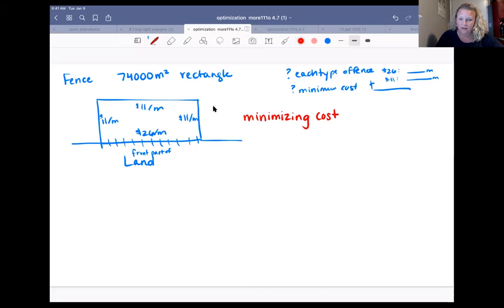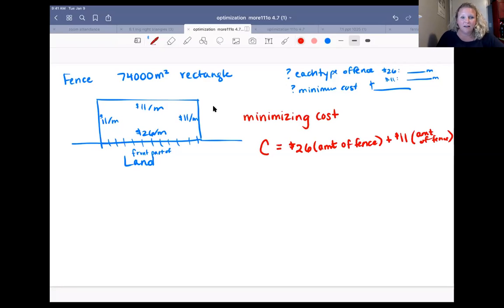So I'm going to make a cost equation, and basically it'll be $26 times however much fence we'll need, plus $11 times whatever amount of fence is needed there. I don't know what that is. If you want to give it an X or a Y, or a length and a width, it's really up to you. We can make it L's and W's. Pick your favorite letter.